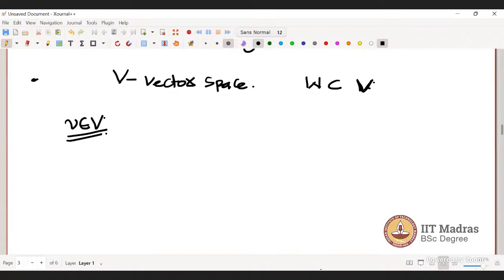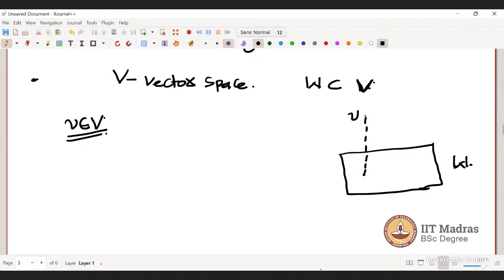If I project a vector V on W, what will be the image of this element? I'll denote the image by proj_W V. So I want to know about this element. How can I compute this one?